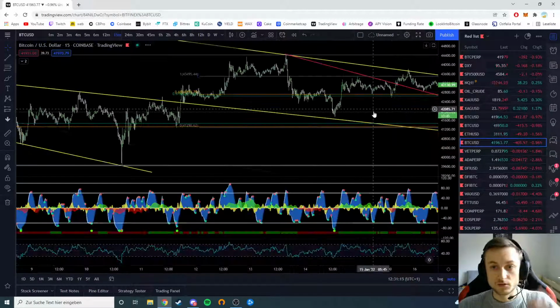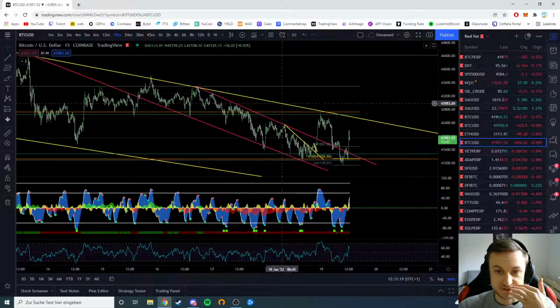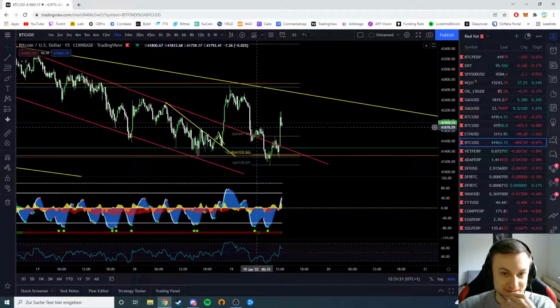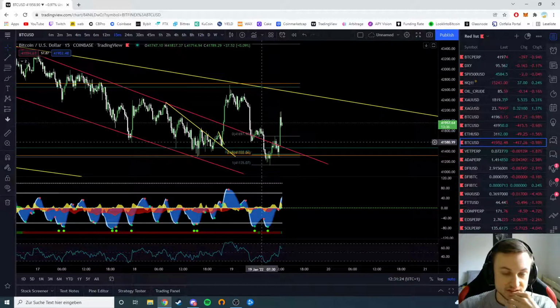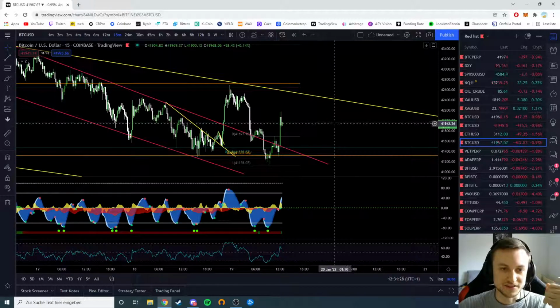Now for today, it's such a beautiful thing how the chart is moving and how perfectly it stops out all the traders and after that does its thing.